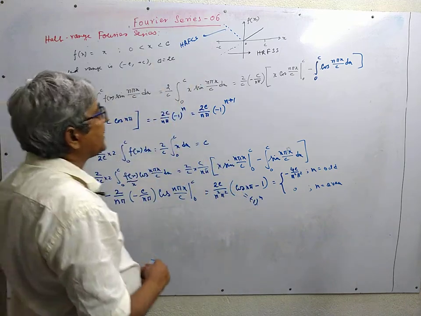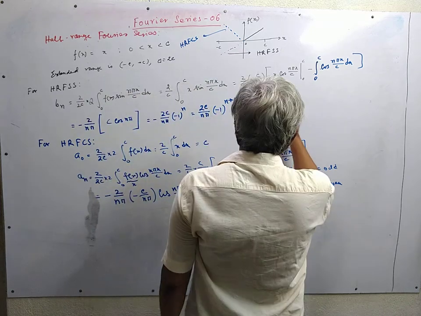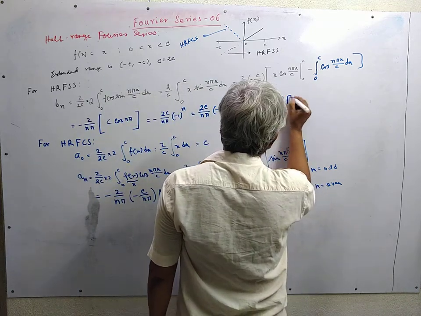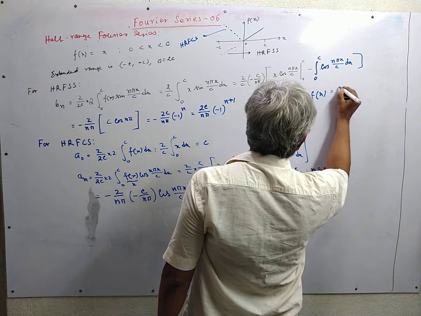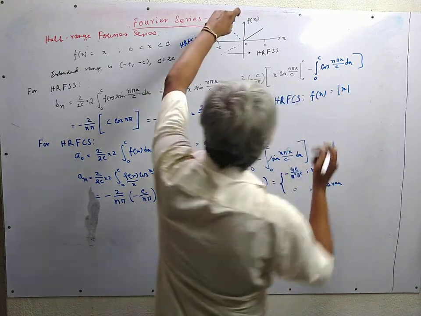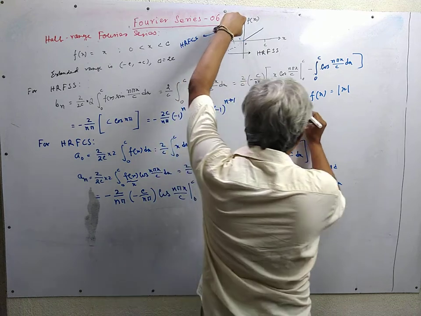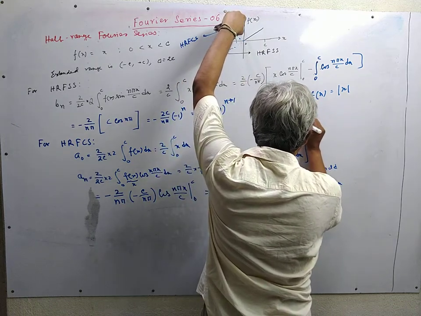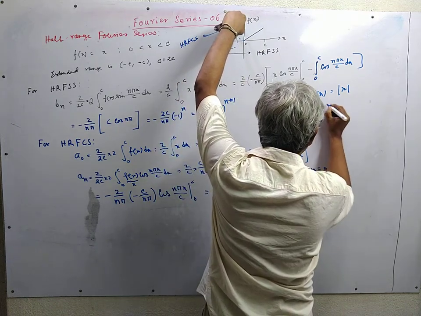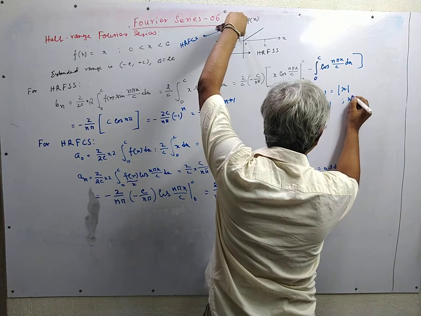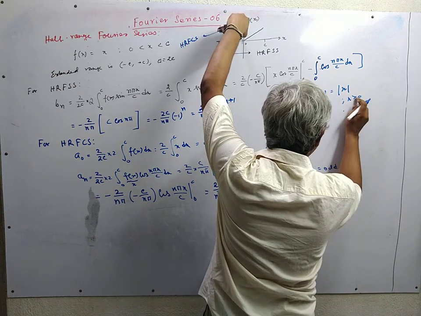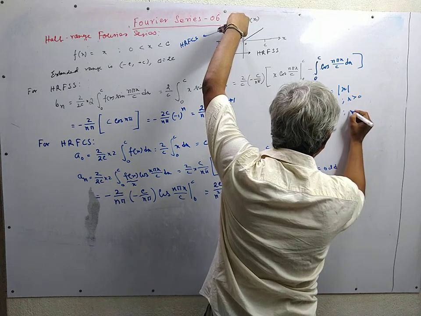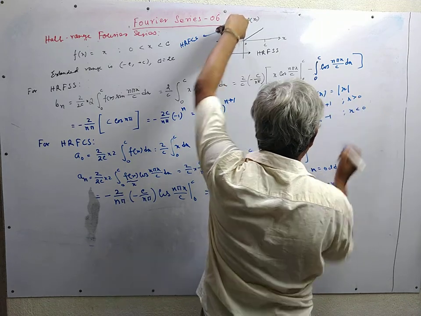Whenever we extend this in half range Fourier cosine series, actually we assume the function to be mod x. So d of f dx is equal to plus 1 for x greater than 0 and is equal to minus 1 for x less than 0.